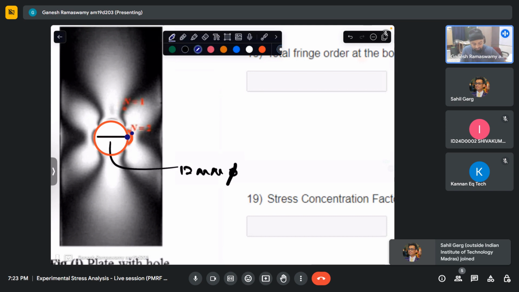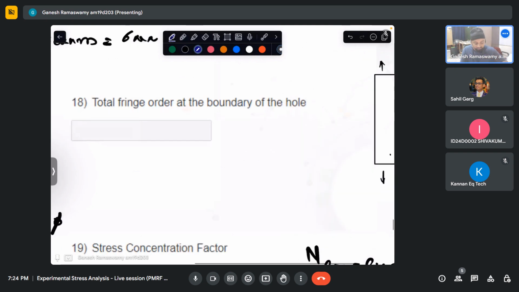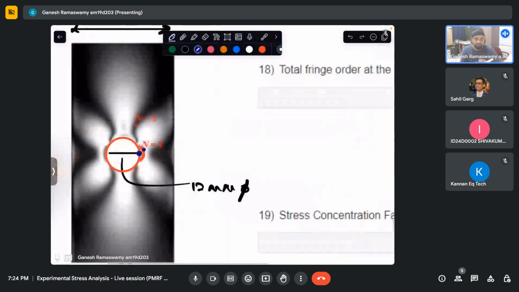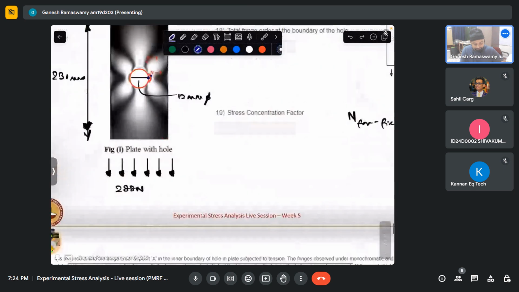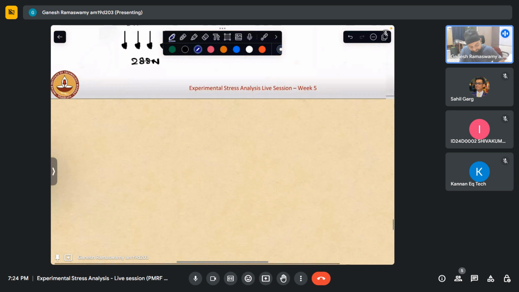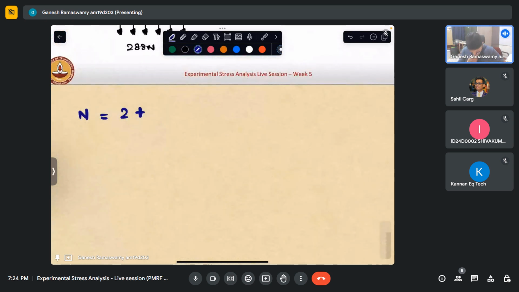So naturally, from the mechanics of the problem, I know that stress here and stress here are different. Stress near the hole is much higher. So in such a case, if I rotated the analyzer, imparting it artificial or compensating for the retardation, the fringe order 2 moved here, means that the actual fringe order at that point would have been 2 plus the retardation brought about by the compensator.